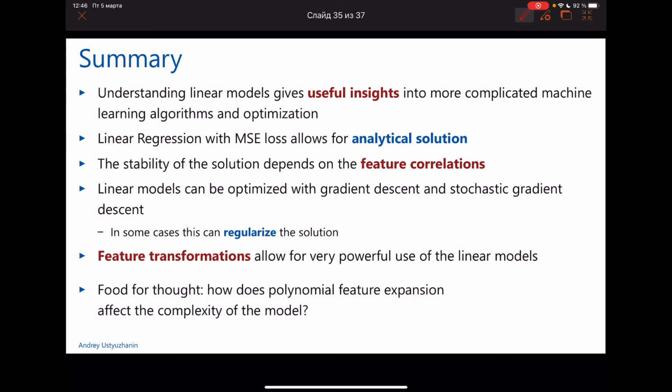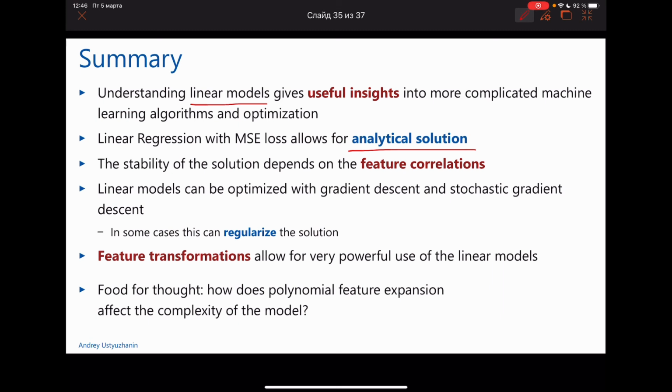So it brings us to a conclusion. We looked at linear models and saw they are quite broadly used, and they underlie more complicated learning algorithms. We looked at how this problem can be solved from an analytical point of view.